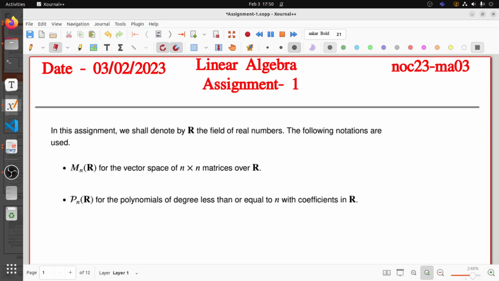Then what is the next thing you have to check? Now what remains? What are the other properties? What are the remaining properties for it to be a vector space? This becomes linear, right?